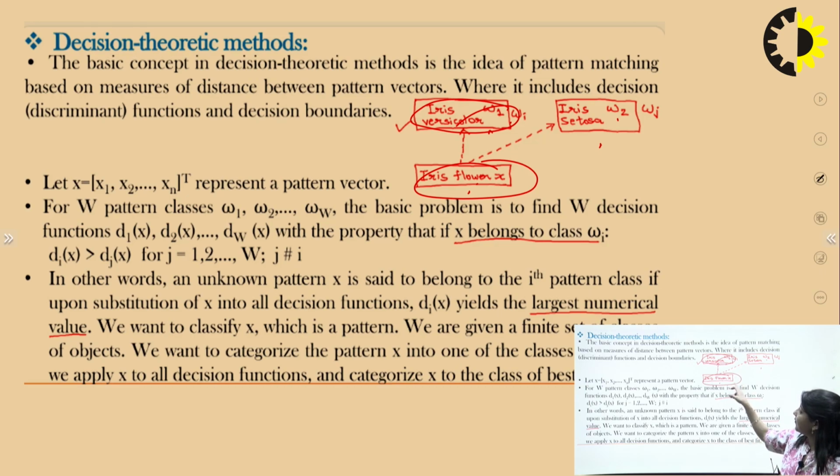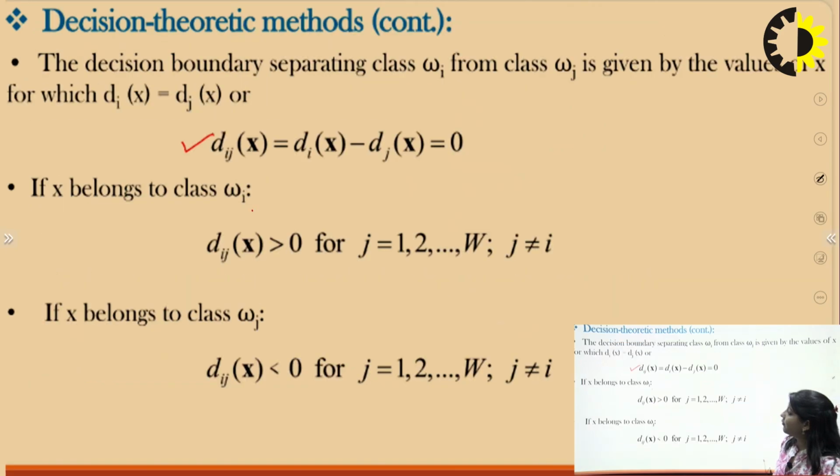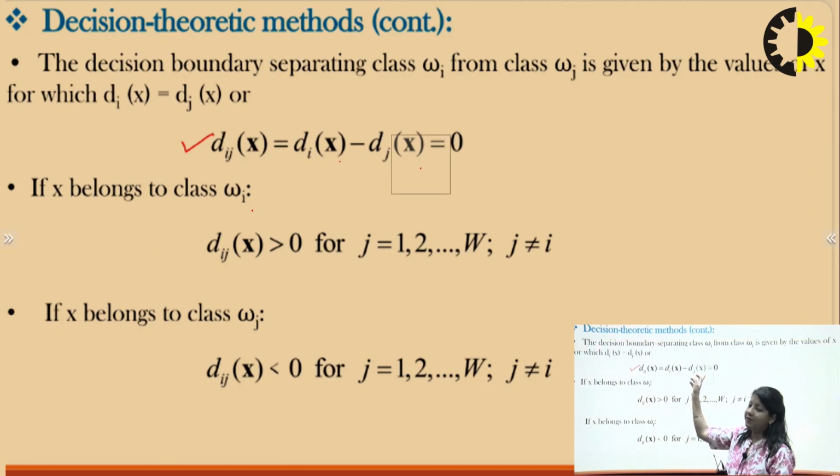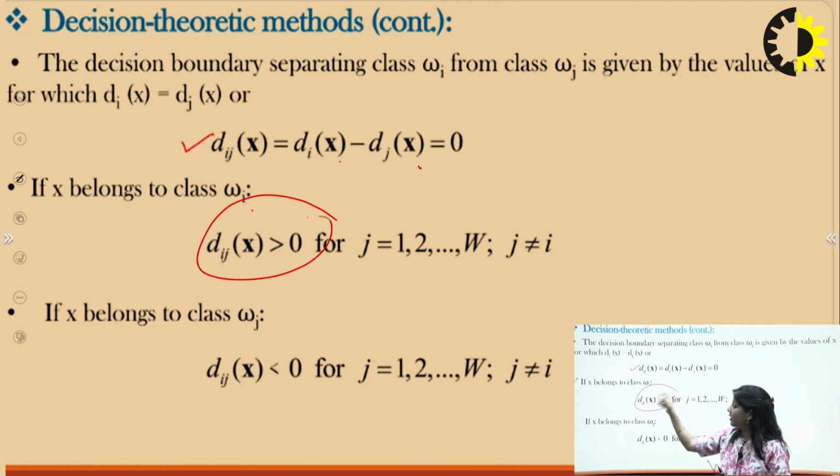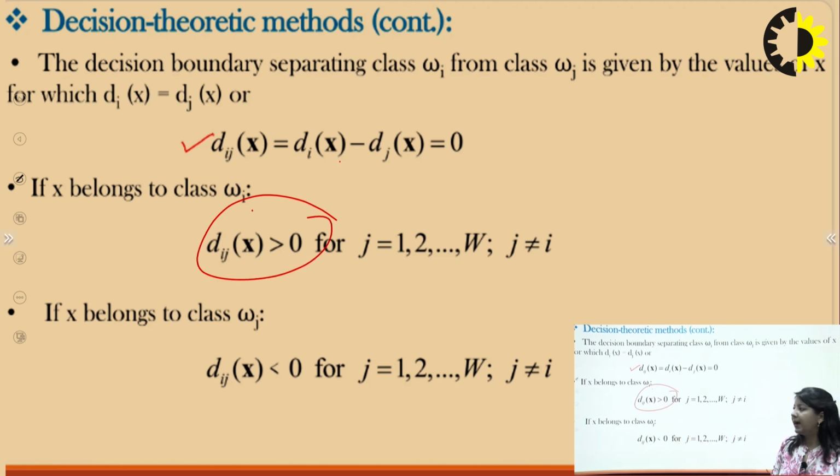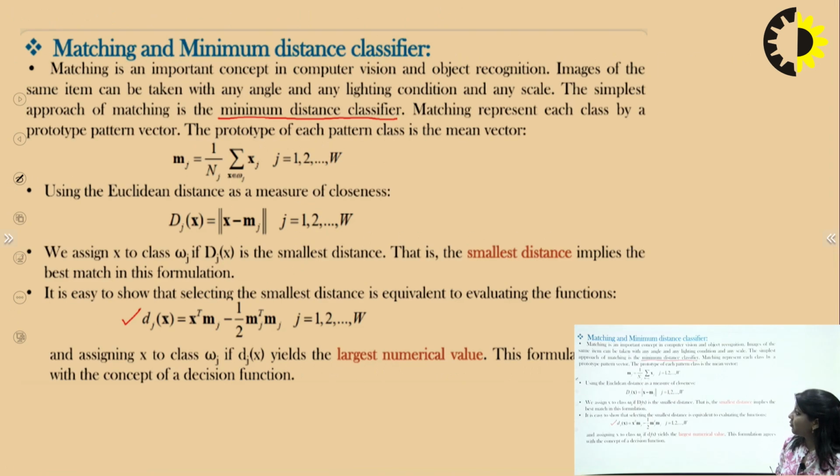When we get the new point x, we have to find out whether x belongs to W1 or W2. Then we calculate the decision boundary of x with respect to class 1, and then with respect to class 2, and whichever value is greater, that point belongs to that class. So this is the decision theoretic method.